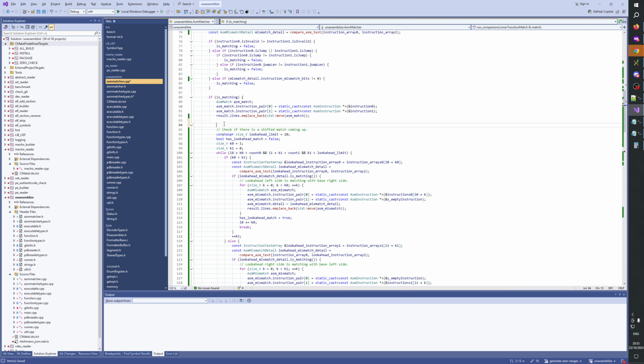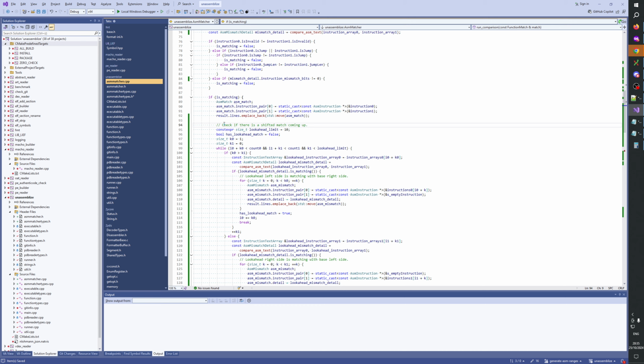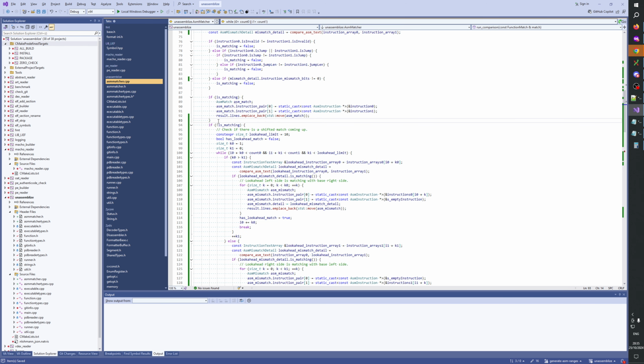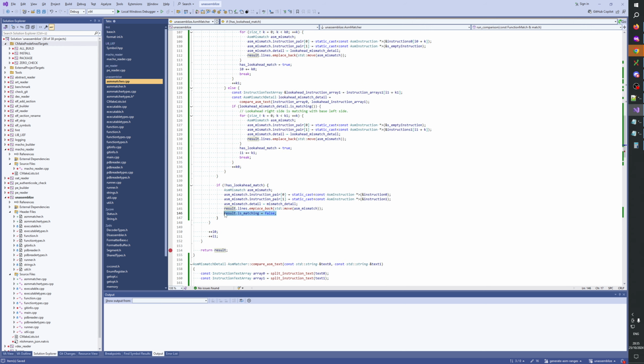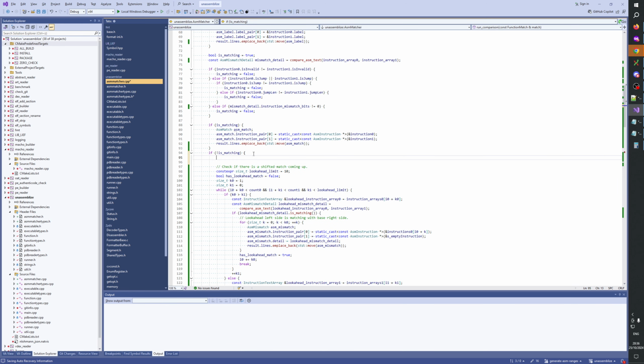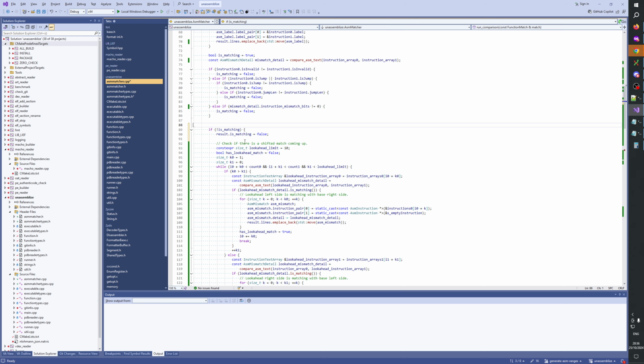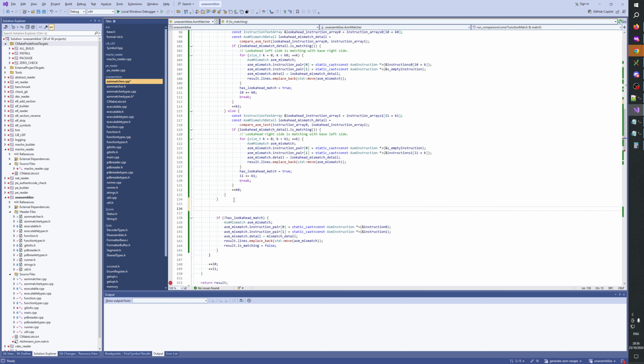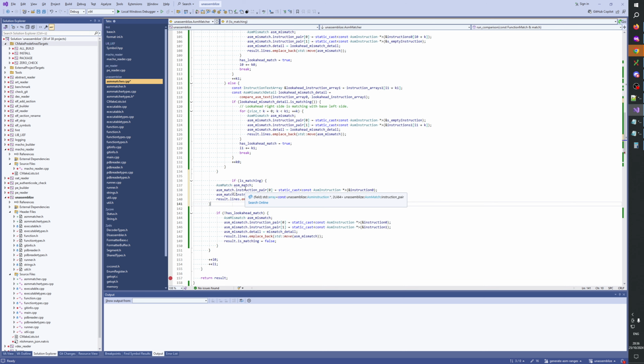Okay, so let's do a condition here. If not is matching, and we can say if is matching or has look ahead match, else this.